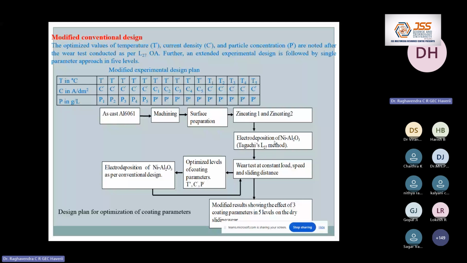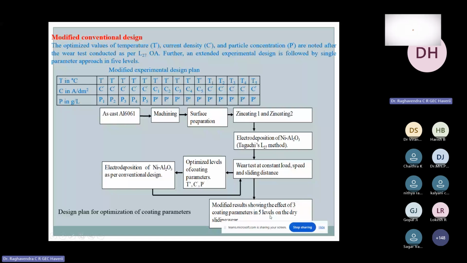We check the wear test at constant load, speed, and sliding distance, and then we select the optimized coating parameters, like temperature, current, or particle loading. Then we go back to the electrodeposition of the conventional method, go back to the wear test, conduct it, and modify that.